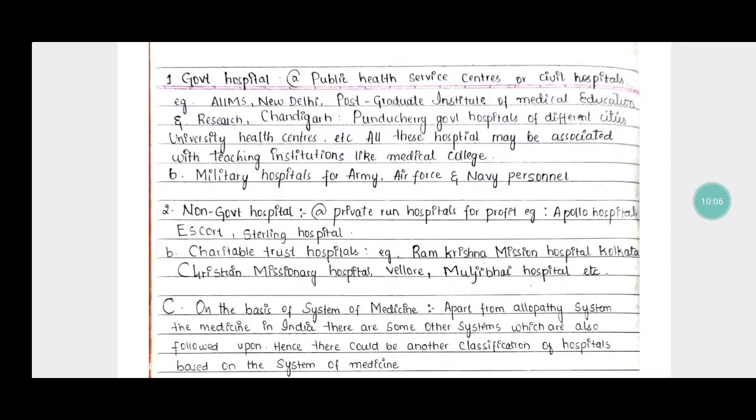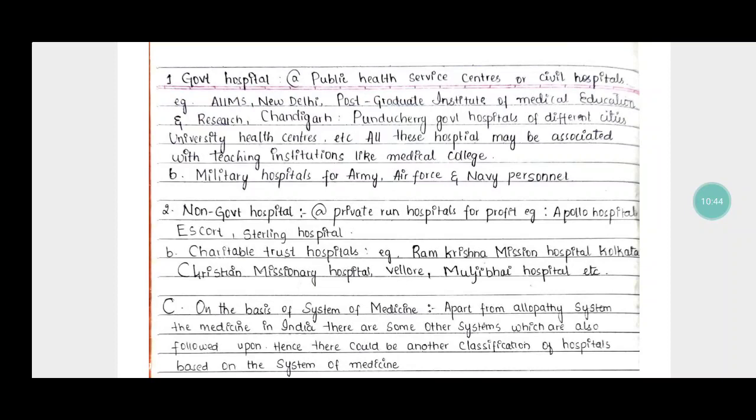Whereas government hospital, in that A, public health service, PHS, public health services center, or civil hospitals like AIIMS, which is situated at New Delhi, Postgraduate Institute of Medical Education and Research, which is in Chandigarh, and Pondicherry, government hospitals of different cities, universities, health centers, etc. All these are associated with teaching institutes like medical colleges.